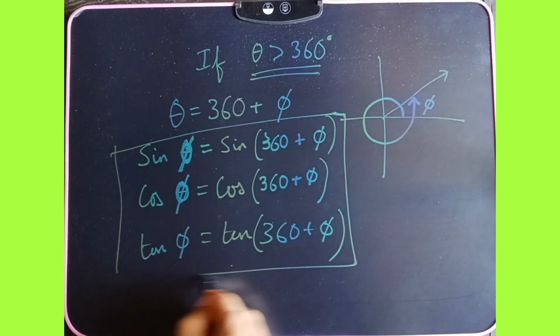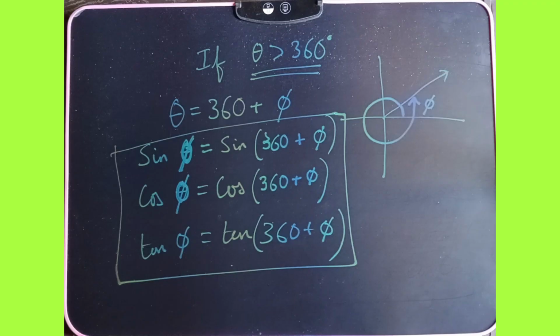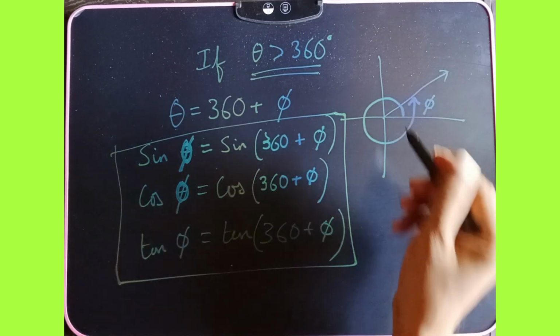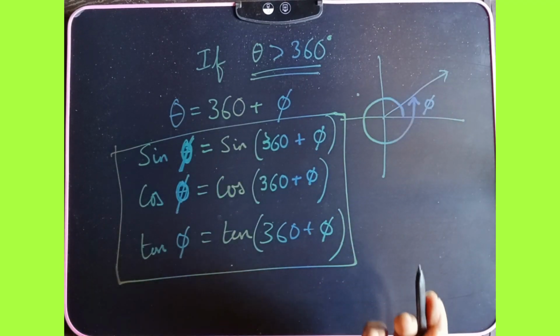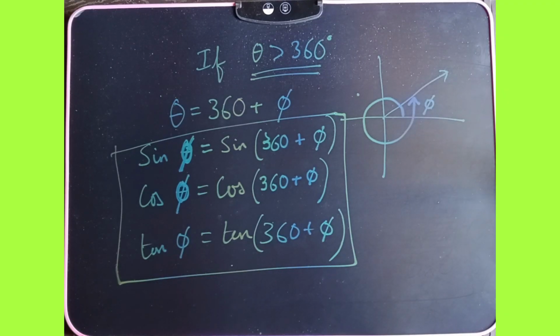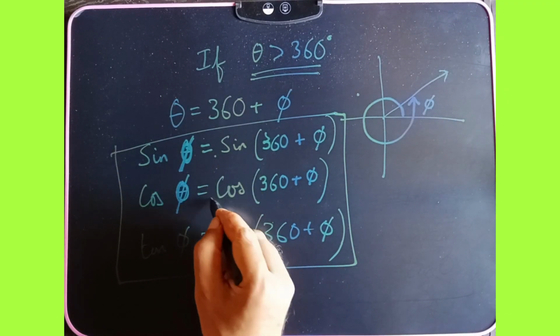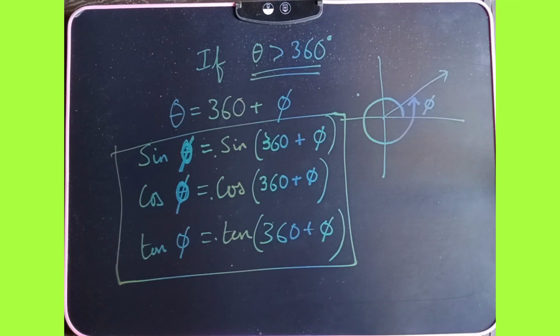This is when theta is greater than 360 and falls in the first quadrant. Now if 360 plus phi falls in another quadrant, such as the second quadrant, then you need to remember all the previous signs and write the appropriate signs, prefixed with the sign.